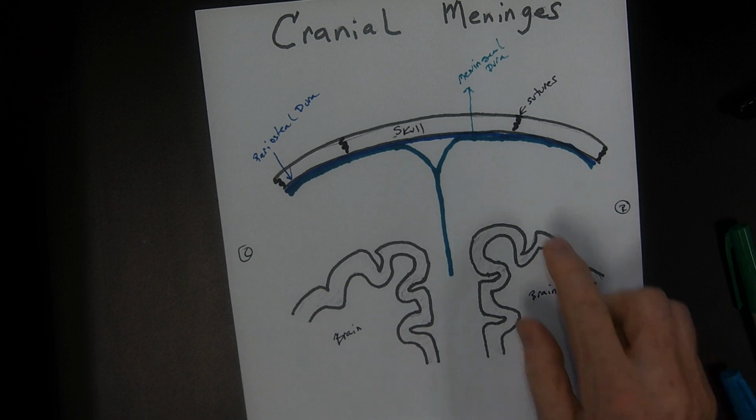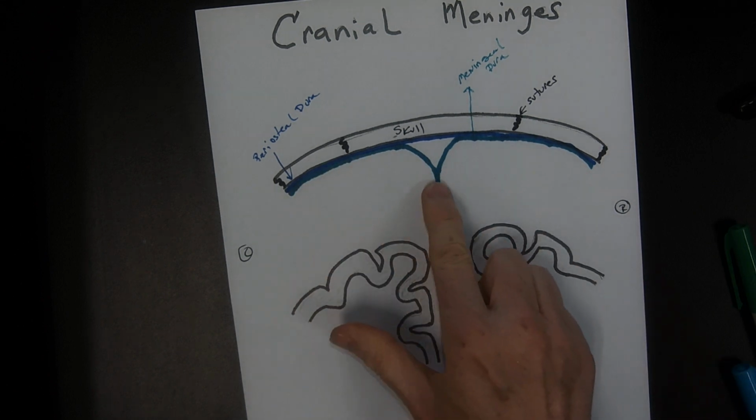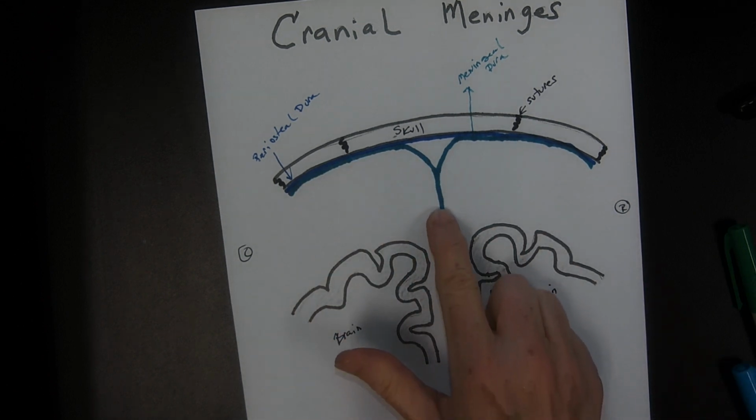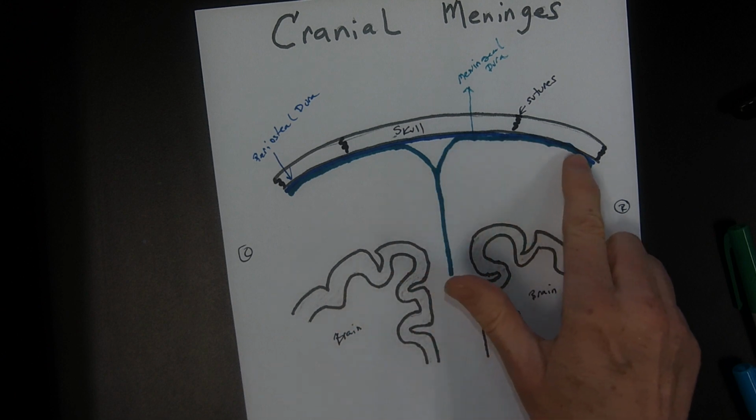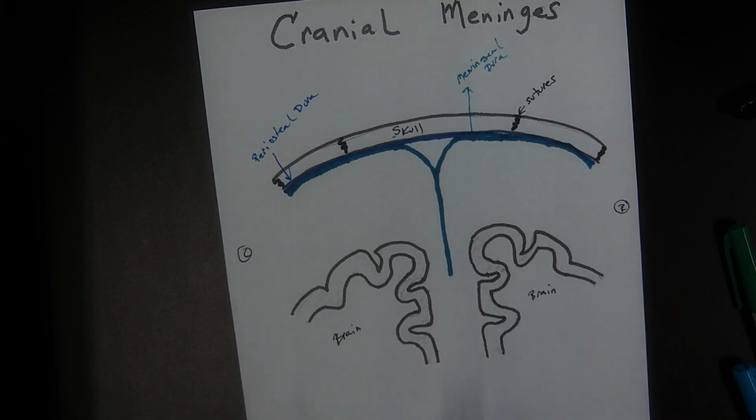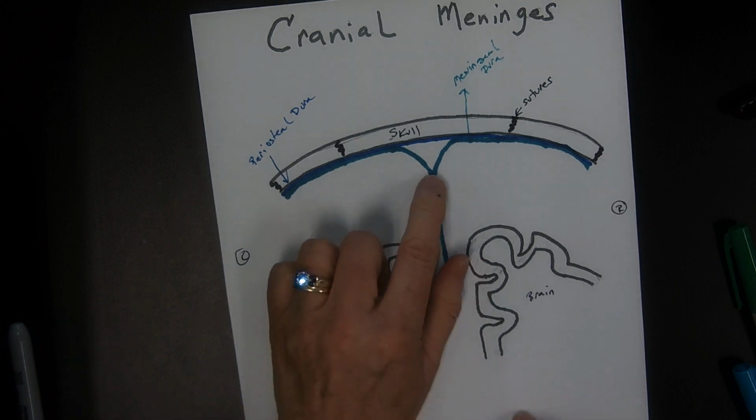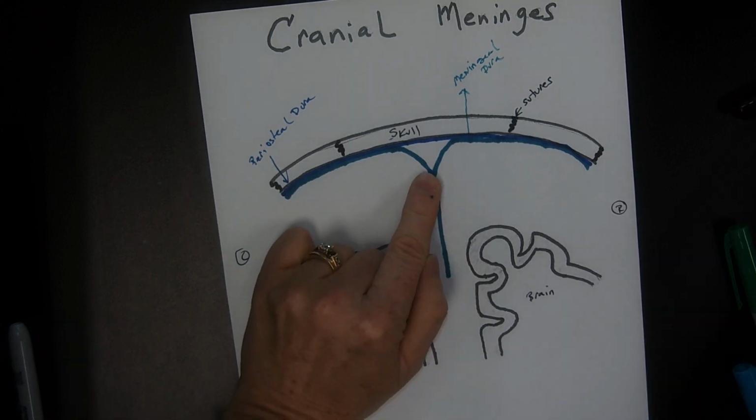Okay, and the meningeal dura comes in, and this is the falx cerebri. It comes in and goes all the way over. And as you can see, you created a little space in here.